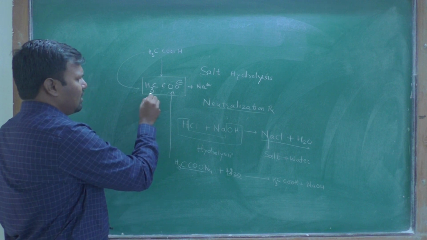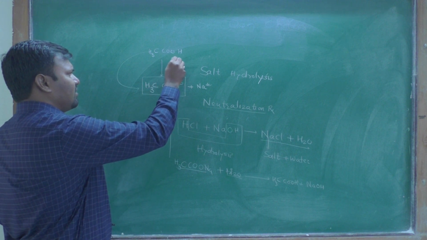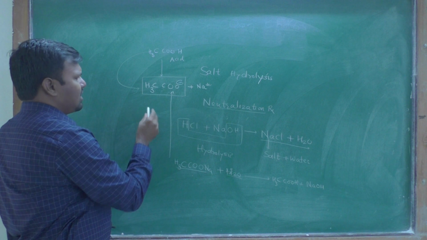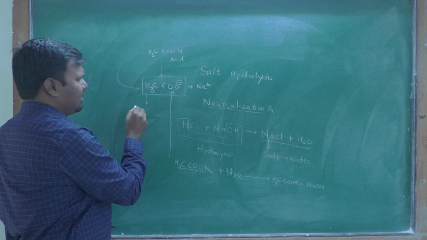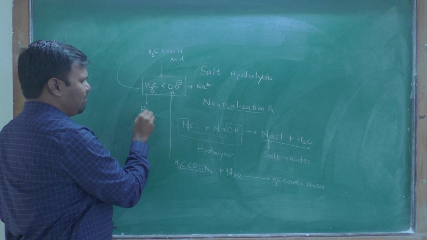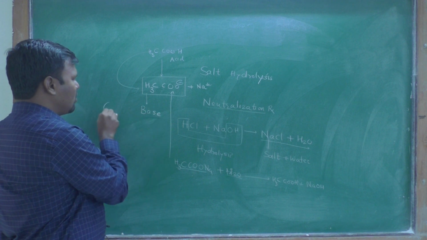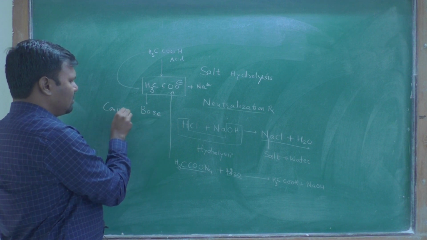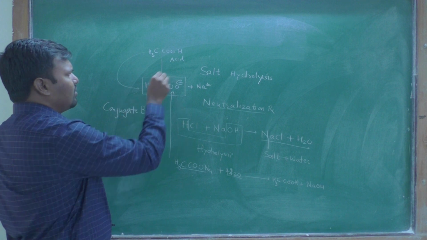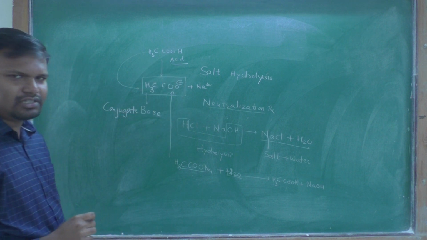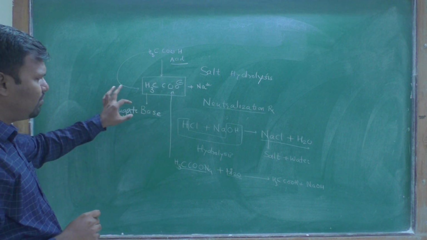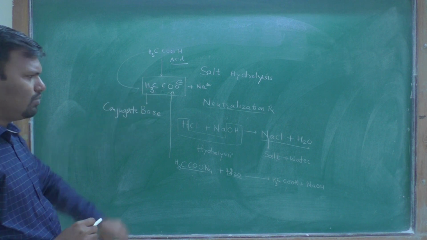Okay, therefore this is the acid, and when it loses H plus ions the negative base remains, it is a base, and that base is called the conjugate base of the acid. Okay, that particular acid when losing H plus ions gives the base, and that is called the conjugate base.